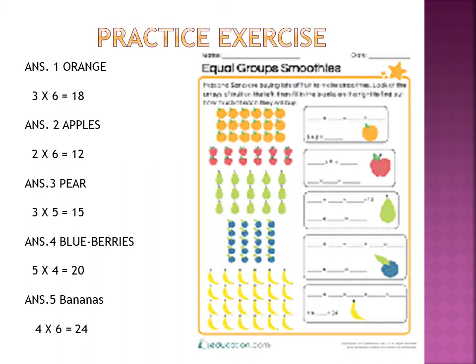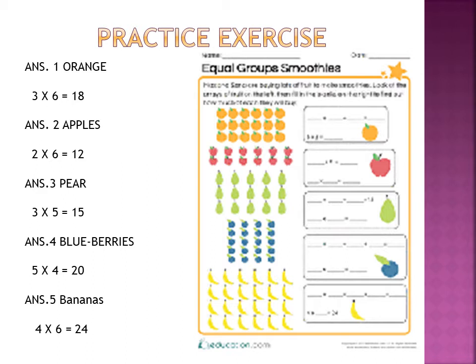I am repeating the answers once again. Answer number 1 is 3 into 6, 18. Answer number 2 for apples is 2 into 6, 12. Answer number 3 for pear is 3 into 5, 15. Answer number 4 for blueberries is 5 into 4, 20.